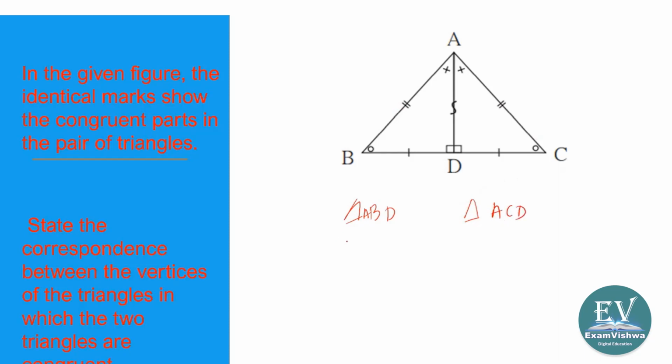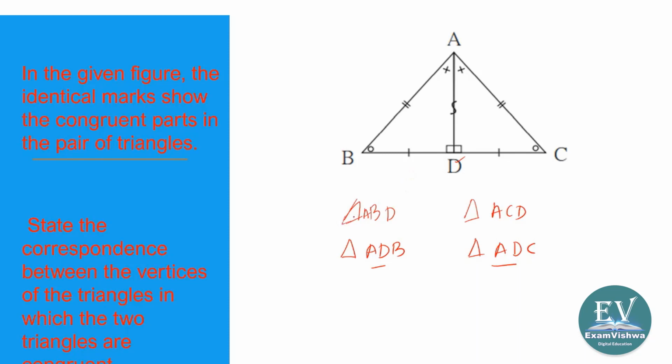On the other hand, if you name the first triangle as ADB, then you should name the other triangle as ADC, because AD is a common side in both cases, and then you are saying about the other two sides. Understood? So congruency goes along with corresponding sides and corresponding vertices. Please remember that. That was the first video.